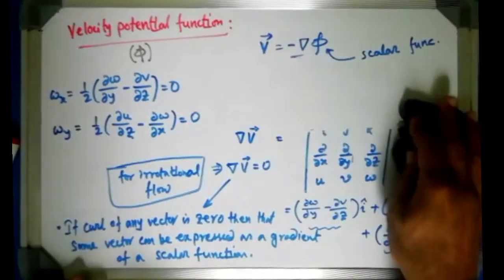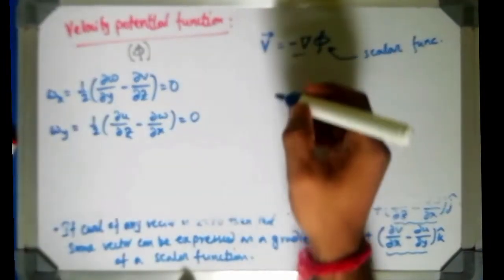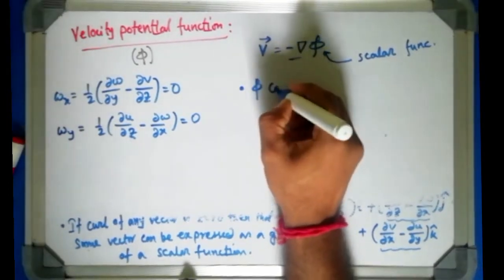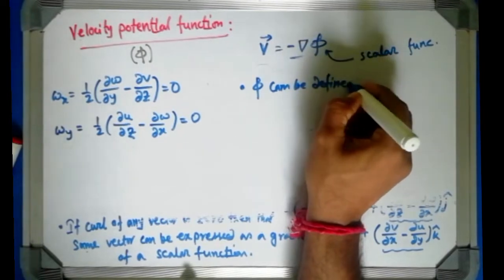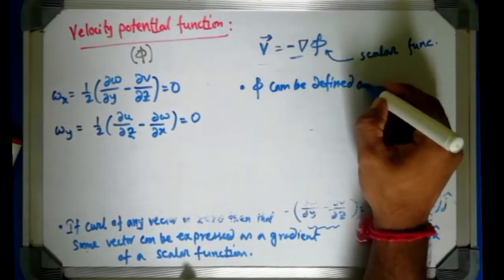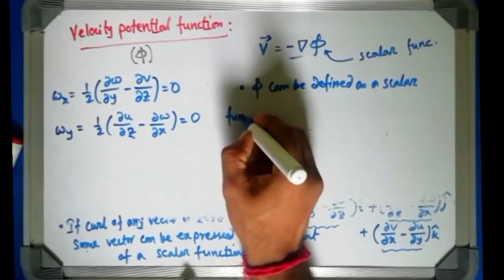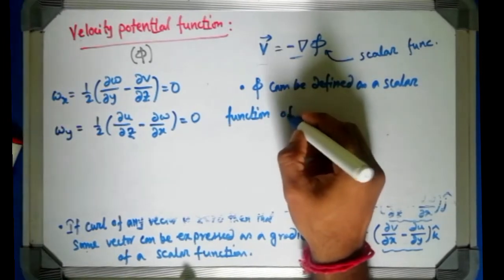So we can define the scalar function this way now, that phi can be defined as a scalar function of space and time.